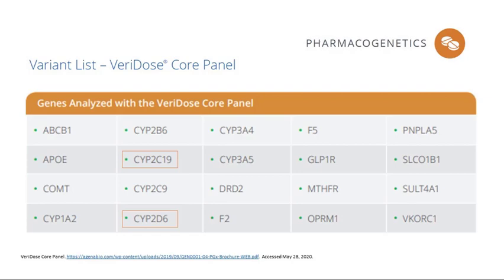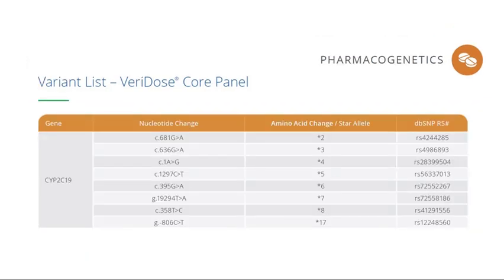But we're going to look at CYP2C19 and CYP2D6. And so here's the variants that are listed, and of course, again, one from mom, one from dad, and then the interpretation of the genotype to the phenotype and giving us some metabolic capability, again, whether it's ultra-rapid, rapid, normal, intermediate, or poor metabolism.